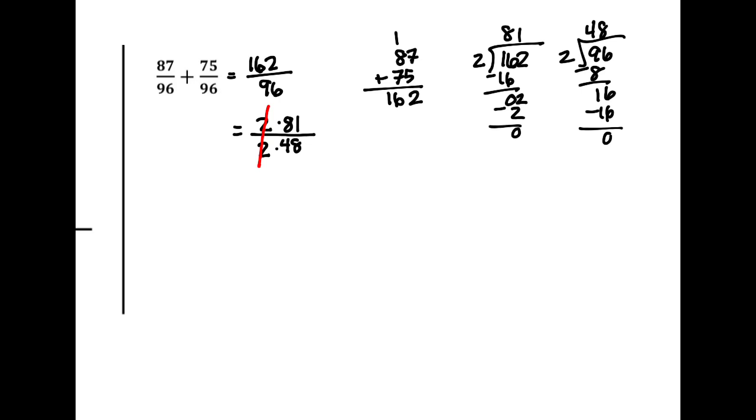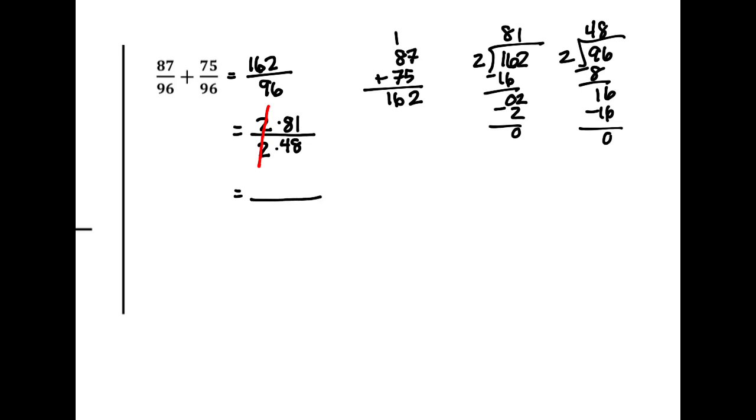Okay, but now 81 and 48 both divide by 3, because 8 plus 1 is 9, which divides by 3, and 4 plus 8 is 12, which divides by 3. Okay, I'm going to finish this problem and then go see what he needs.